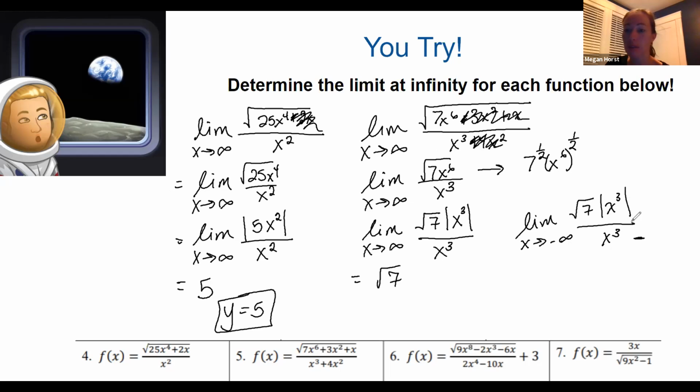It's just not possible. So I get a positive out. A positive divided by a negative is a negative root 7. So this function actually has two horizontal asymptotes. It has a horizontal asymptote at y equals root 7, and it also has a horizontal asymptote at y equals negative root 7.